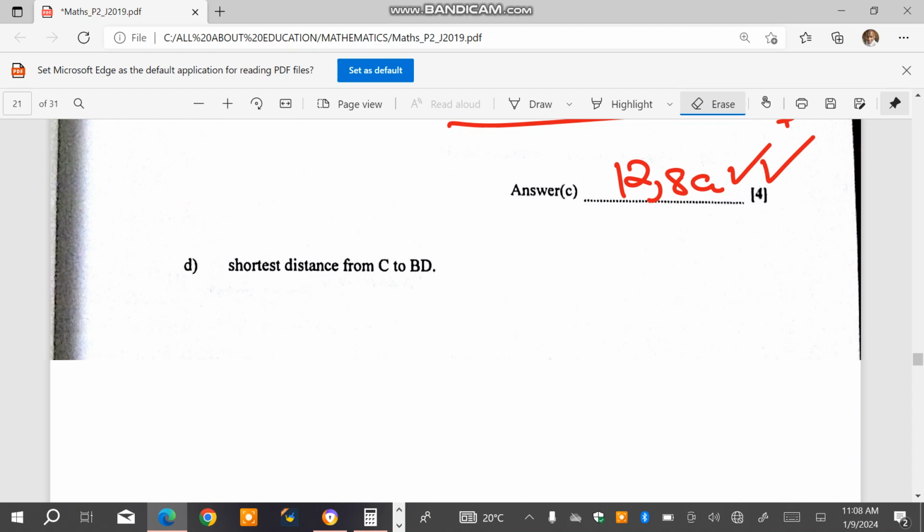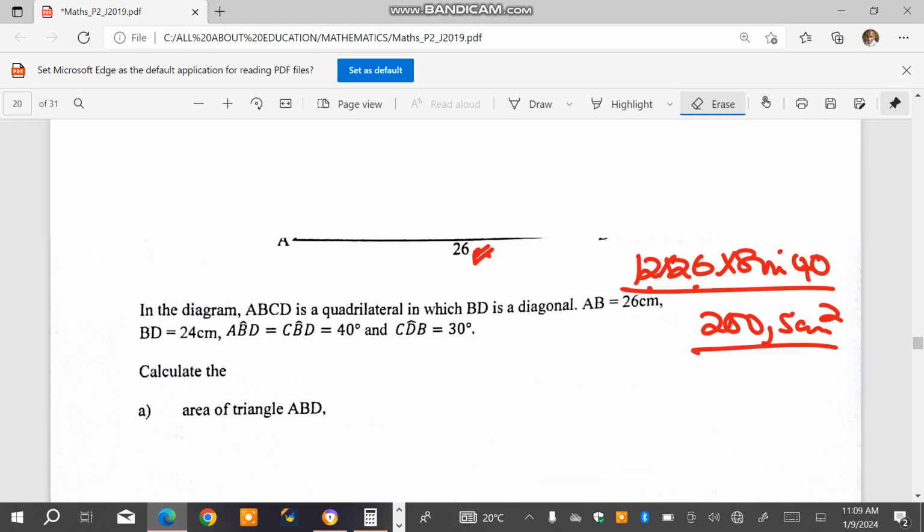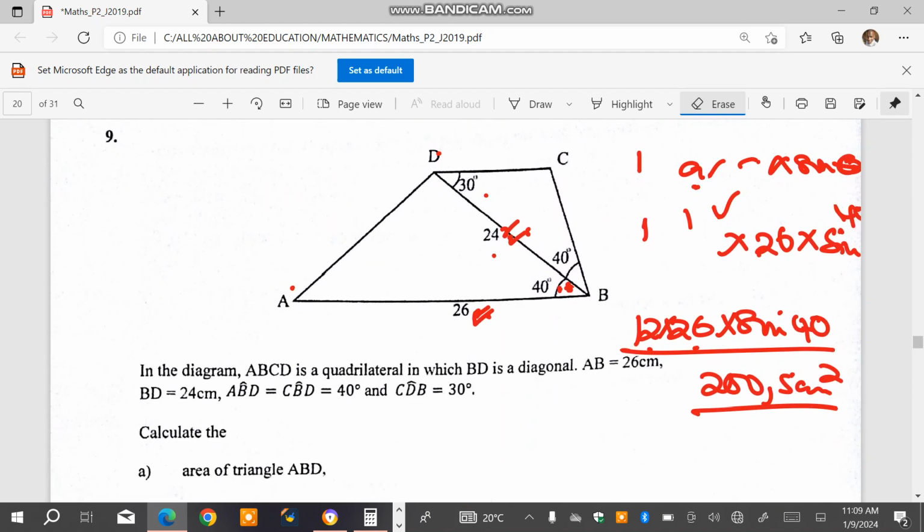Okay. Right, next question. The shortest distance from C to BD. From C to BD, the line goes from here to here. It always meets this line at 90 degrees, here 90 degrees.